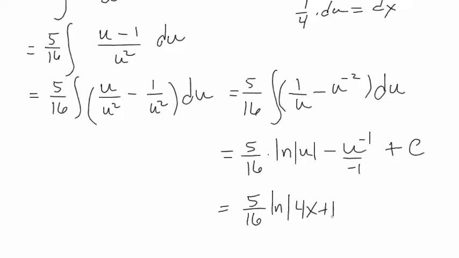Now, we have a minus, a negative, so that's going to be plus. We have u to the negative 1. Let's go ahead and take that back down. Of course, this is going to be 4x plus 1 down here in the denominator, and then plus our constant.